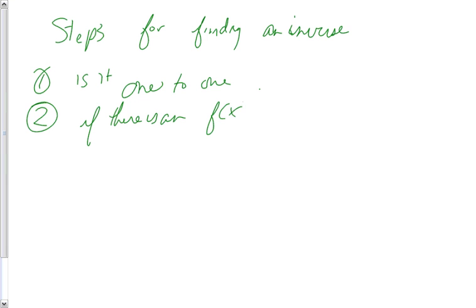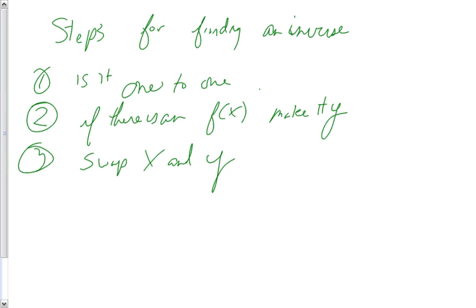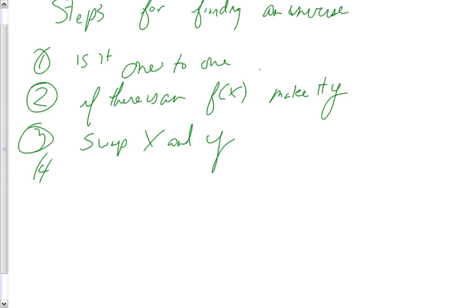which is if there's an f of x or g of x, make it y. After that, you're going to swap x and y. Wherever there's an x, you put a y, and wherever there's a y, you put an x. Step 4, you're going to solve for y, just like we always want. We like y equals.